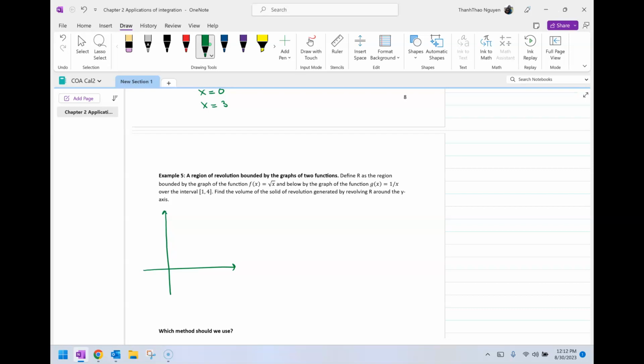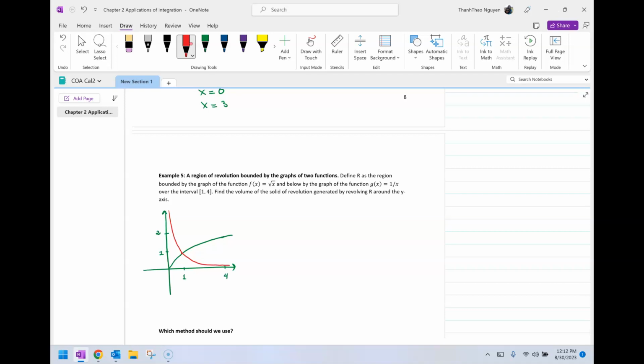So square root of x looks like that. When x equals 4, y equals 2. And 1 over x is the graph that looks like that.